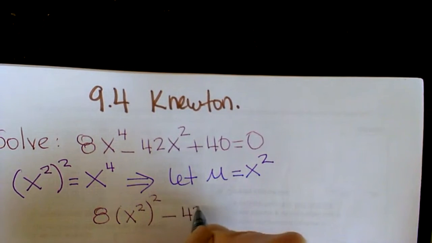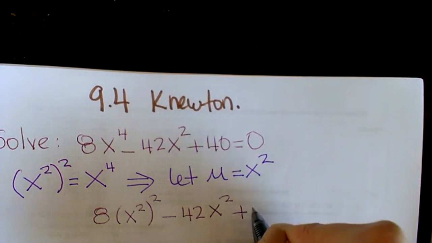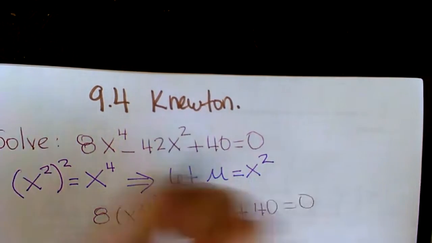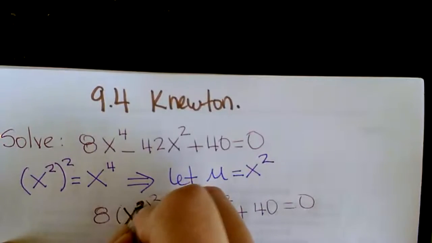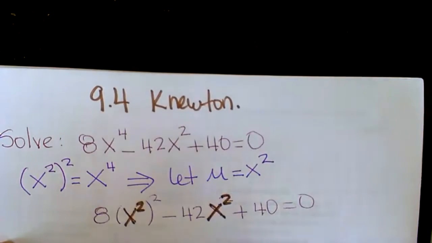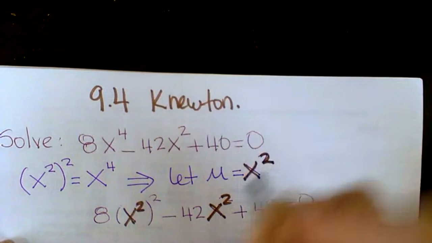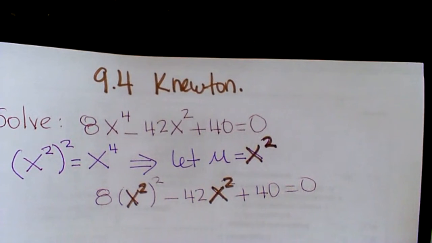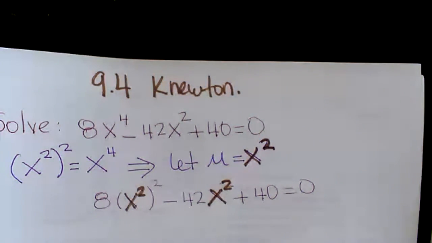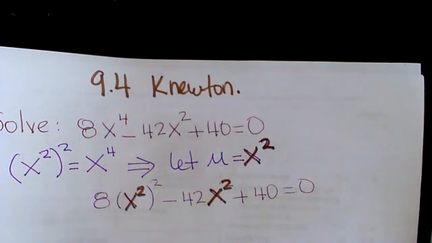And we know the 42 is x squared, plus 40. So we have this square, which is this one. You guys see that? So I'm going to replace the x squared with the u.